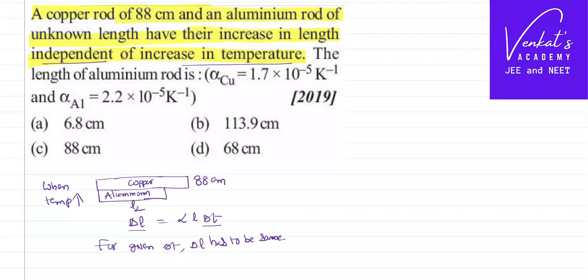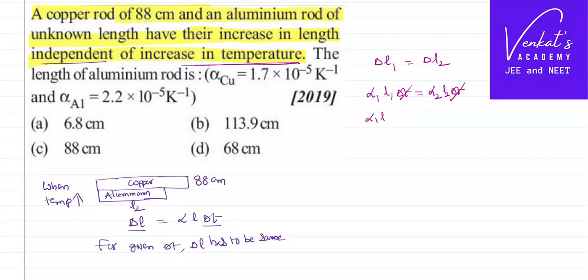What's the meaning of that? The increase in the length of the first rod shall be equal to the increase in the length of the second rod, with respect to the rise in the same temperature for both the rods. In the place of delta L1, based on the definition of alpha, I can write alpha 1 L1 delta T equal to alpha 2 L2 delta T, assuming we are raising the temperature the same for both of them.